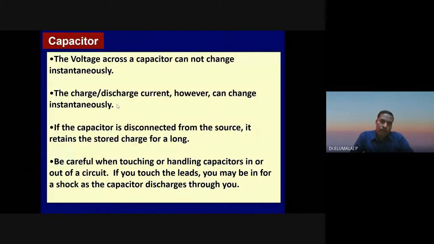The voltage cannot immediately change, but the current can immediately change, or that device, the charged capacitor, can momentarily supply the power or current or charge instantaneously.